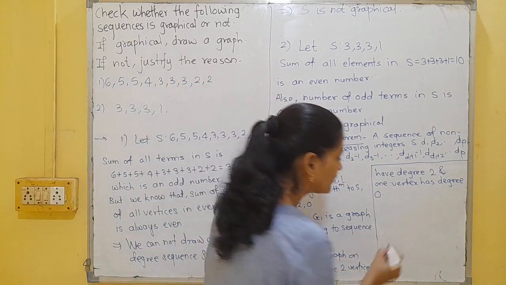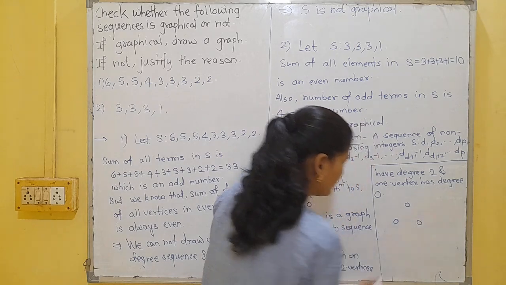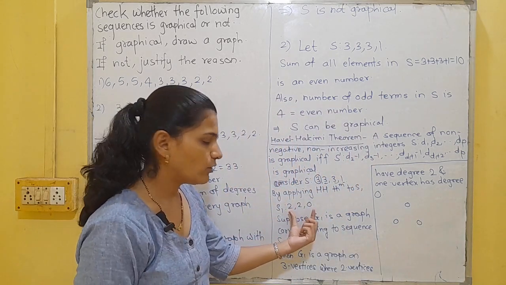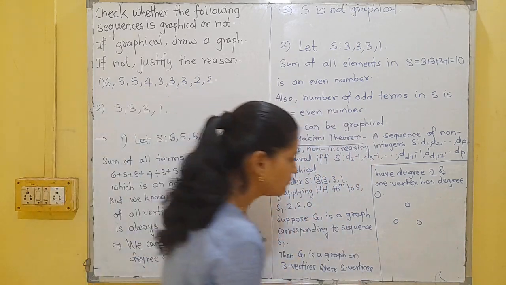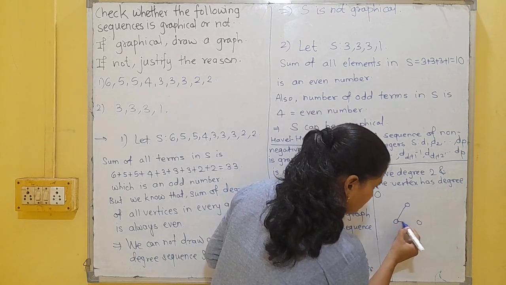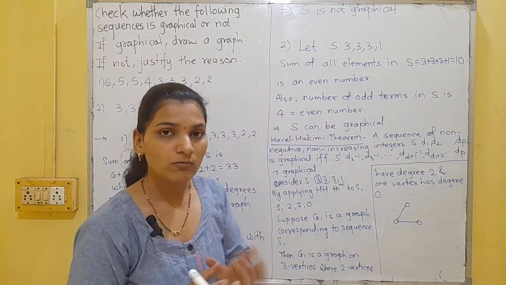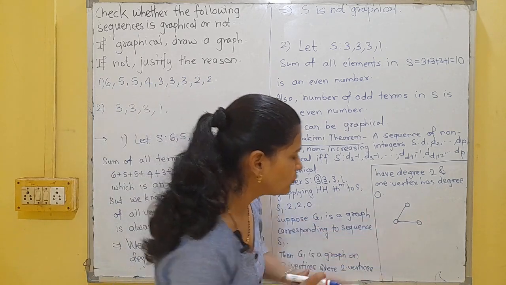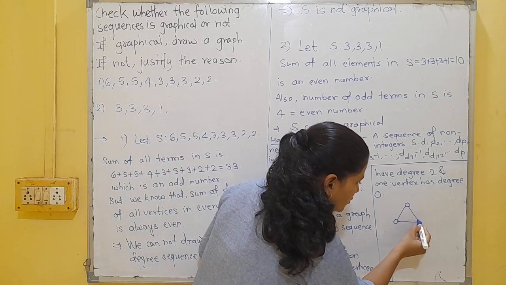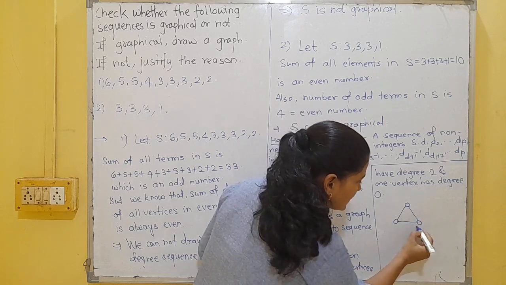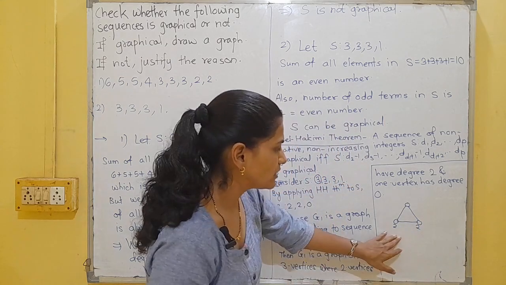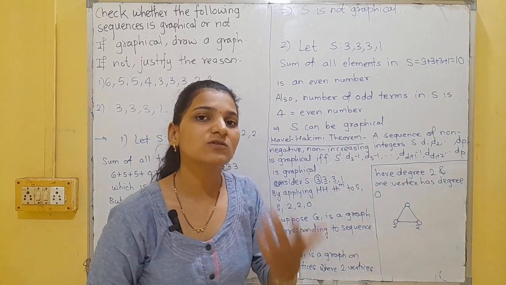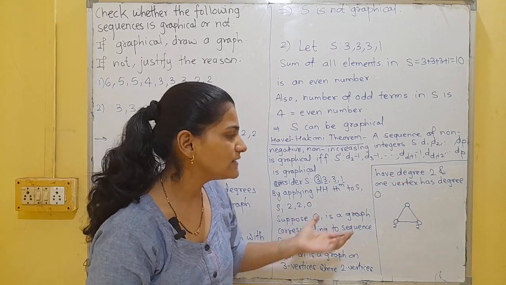I am drawing a graph with vertices 1, 2, 3. We want a graph on 3 vertices with 2 vertices of degree 2 and 1 vertex of degree 0. If I want to make this vertex of degree 2, then these 2 are vertices of degree 2, but the remaining vertex does not have degree 0.